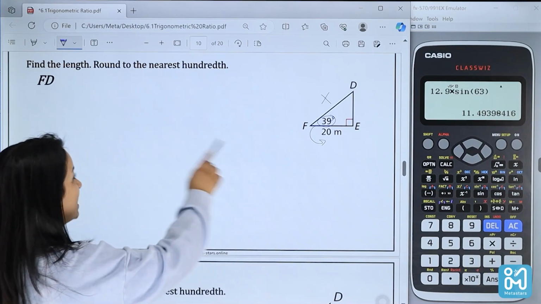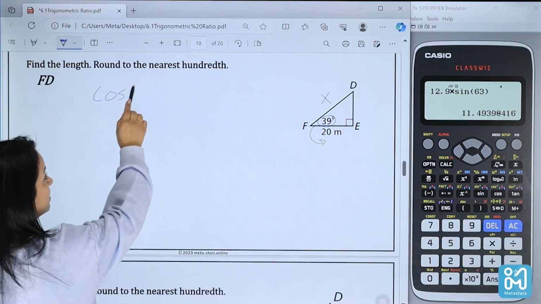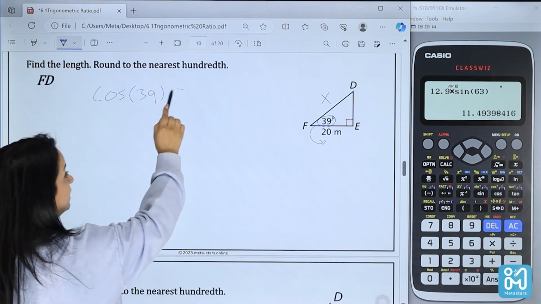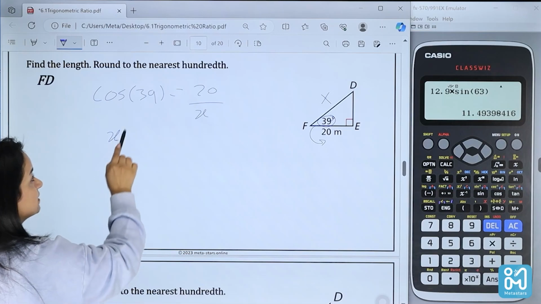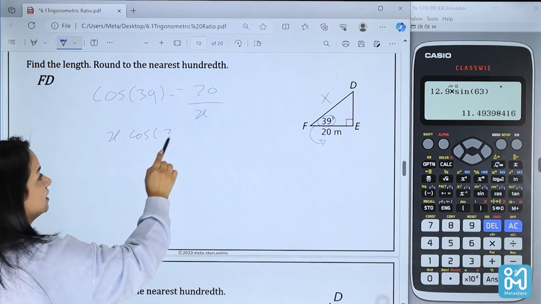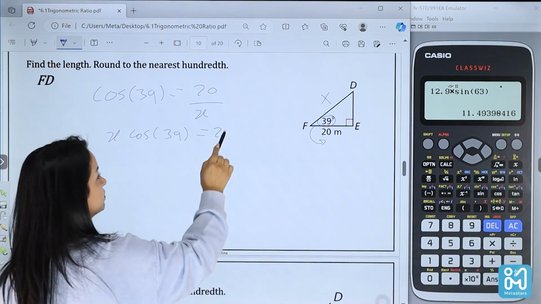So what do we have to say? That cosine 39 is equal to adjacent over the hypotenuse. So x times cosine 39 is equal to 20.